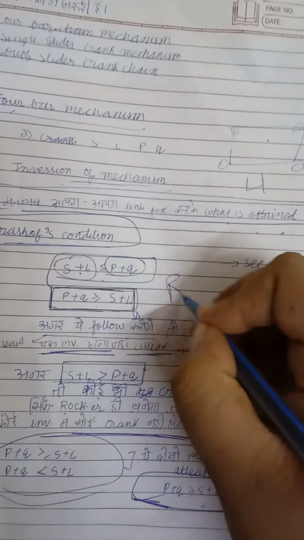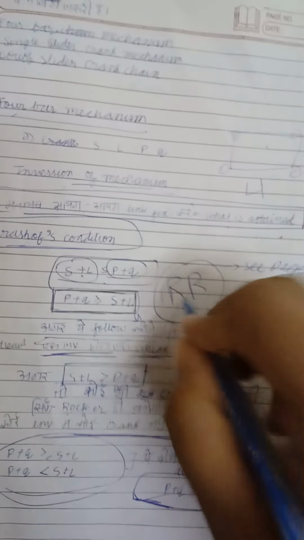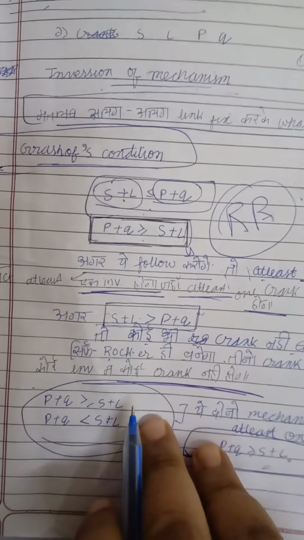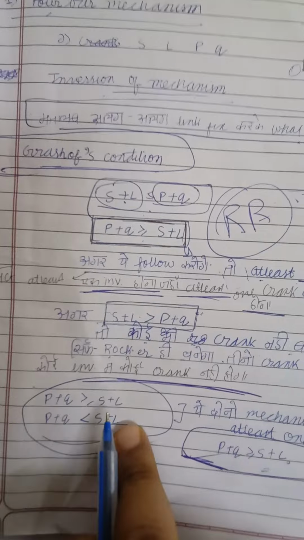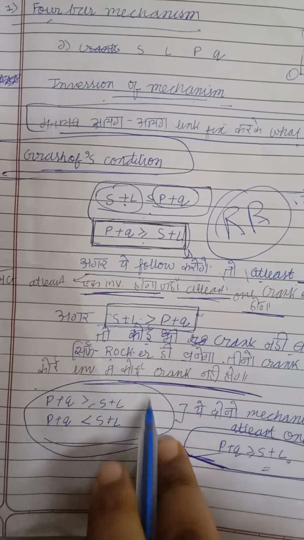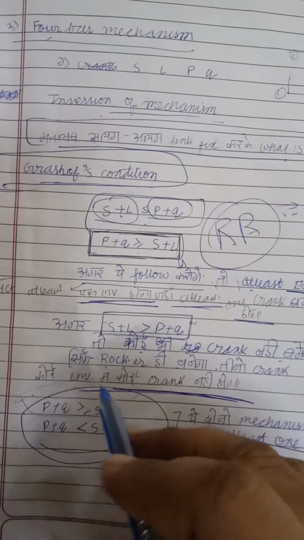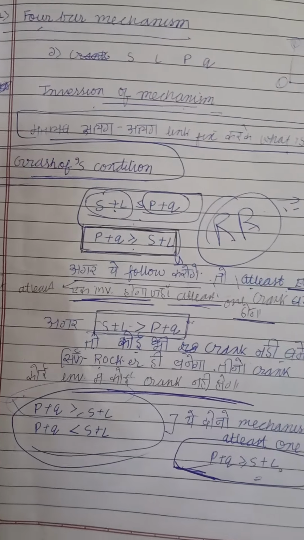Only rocker mechanism will be obtained. So both depict a machine, but to have a crank, Grashof's criteria should be satisfied. Suppose the question says that Grashof's criteria is satisfied, then at least one link will behave as a crank.